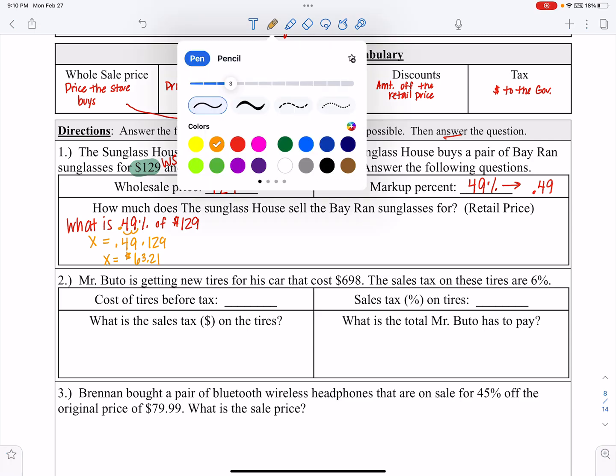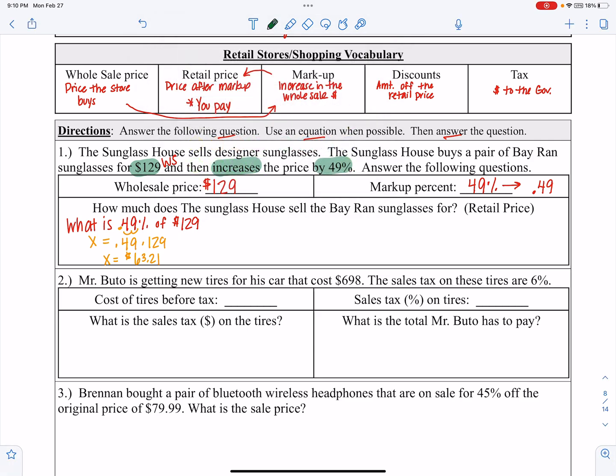Okay, so now you have to think, well, what am I doing? The wholesale is 129. The markup is $63.21. So I need to go ahead and add those together. So 129 plus $63.21. I could do that on my calculator, or this is a pretty easy one by hand. 9, 10, 11, 12, little regrouping. And we have $192.21.